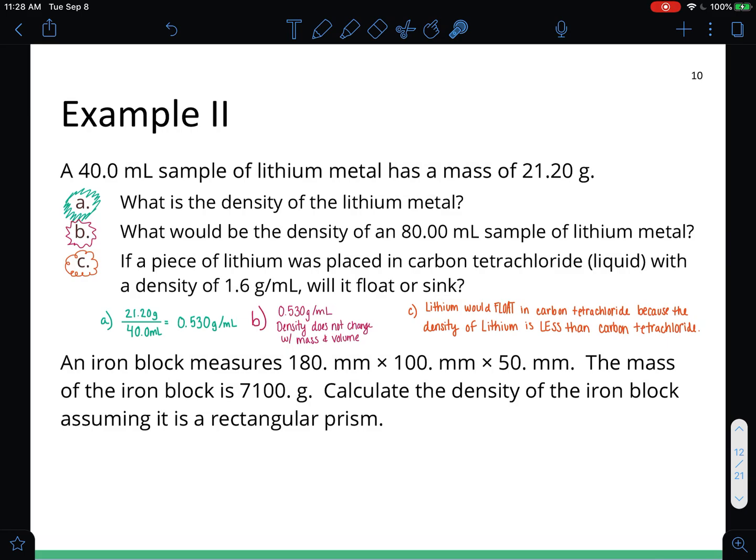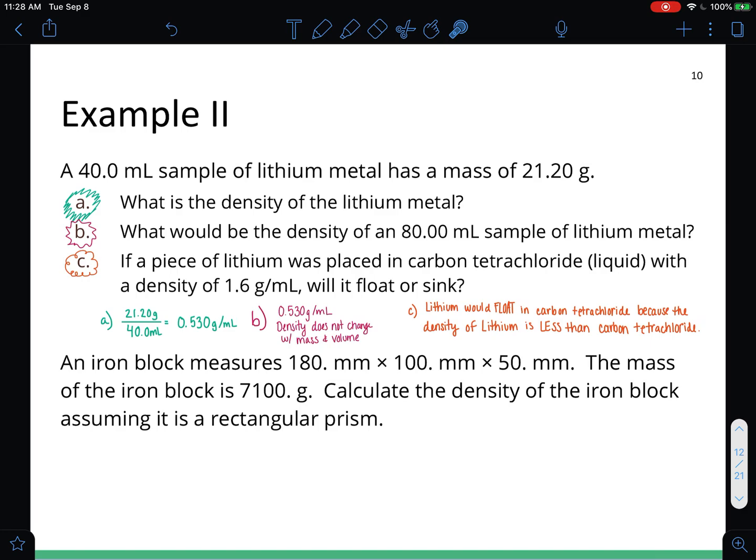Just because you change the mass or the volume of a substance, as long as you're not changing the state, the density remains the same. Then a piece of lithium metal was placed in carbon tetrachloride, which is a liquid with a density of 1.6 grams per milliliter. Will it sink or will it float? The lithium metal will float because it has a lower density than the carbon tetrachloride.